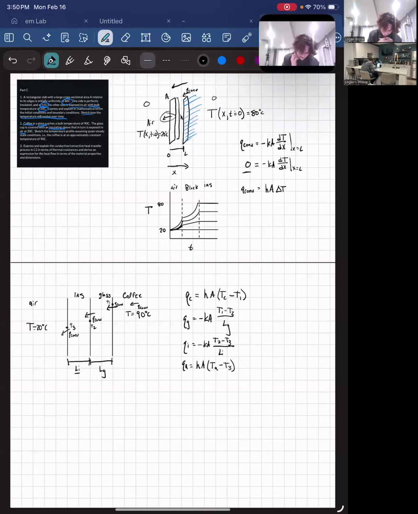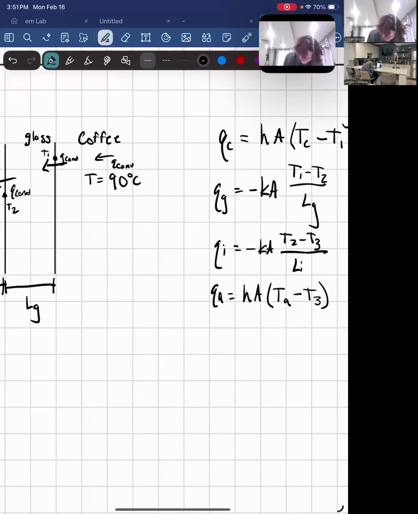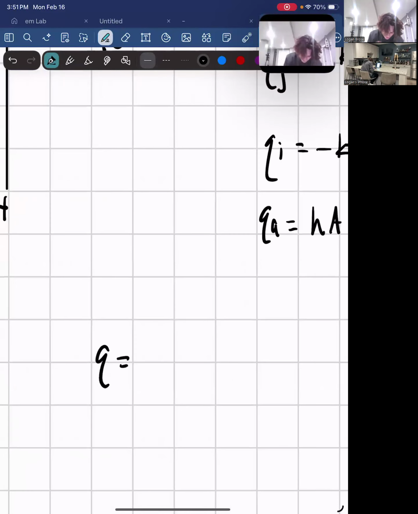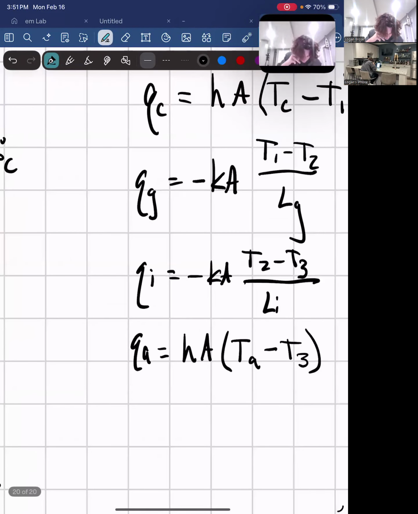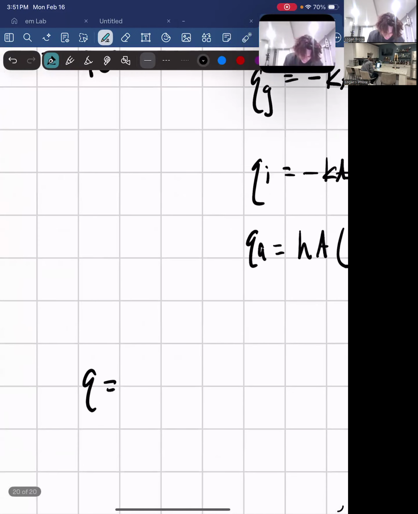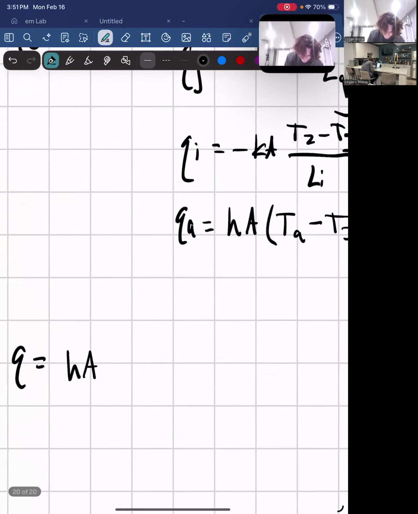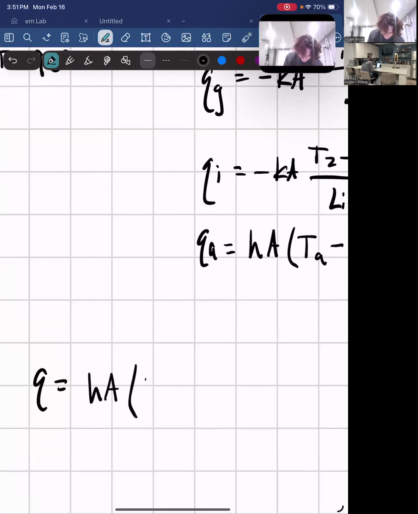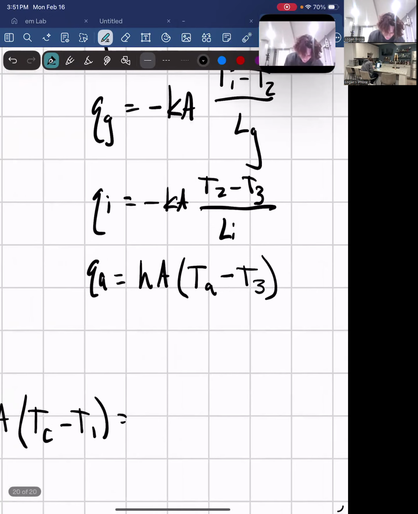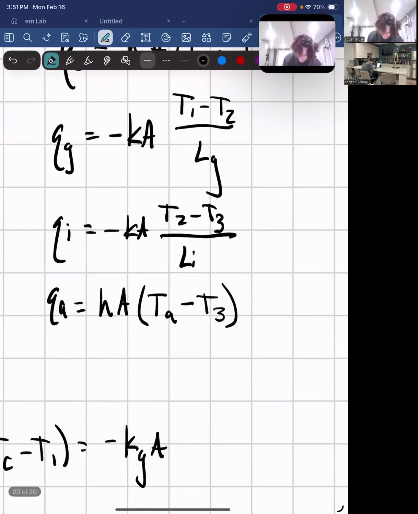When we look at this, we can put this all together into one Q. So we know that Q net has to equal all of these. So QC, which is HA times TC minus T1, equals our QG, which is minus Ka, and this is K of the glass, times T1 minus T2 over LG.